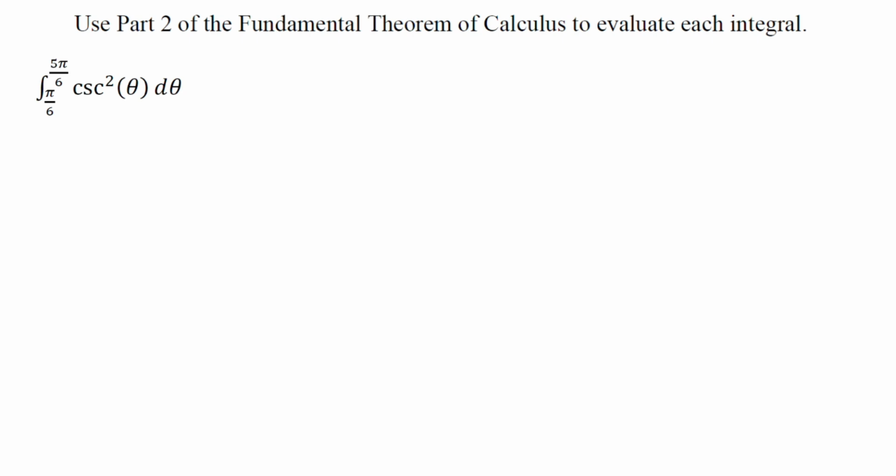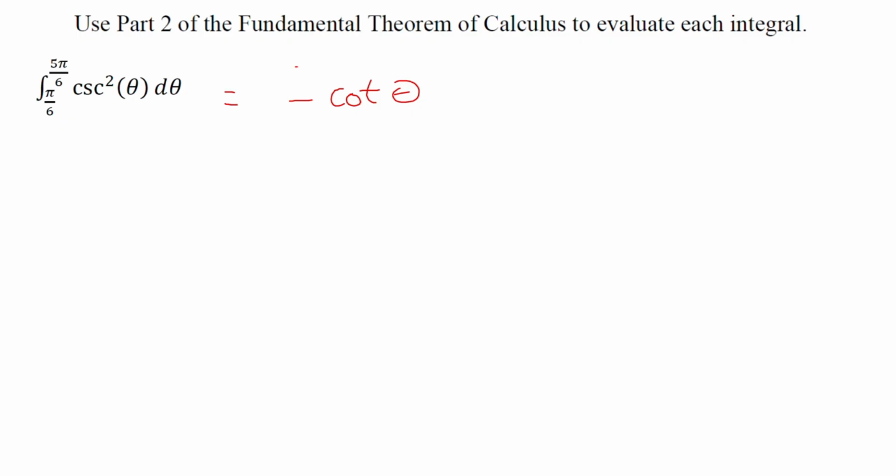All right, for our next one here, we're just going to use part 2 of the Fundamental Theorem of Calculus to evaluate the integral. So really what we're doing here is we're just integrating and evaluating what this is equal to. These are just definite integrals. If I integrate cosecant squared theta, that's just negative cotangent theta. That's just one of our integral rules: the integral of negative cosecant squared is cotangent.